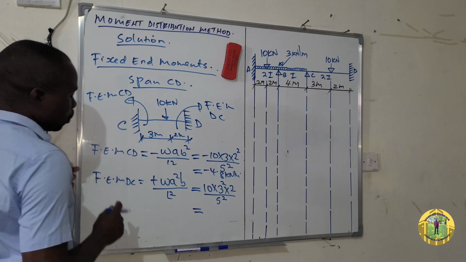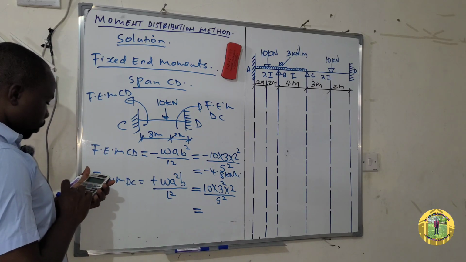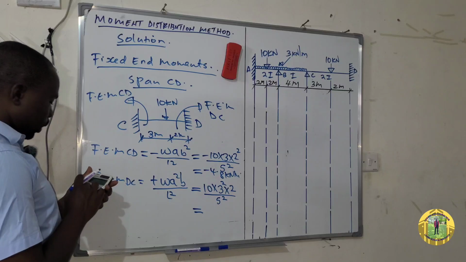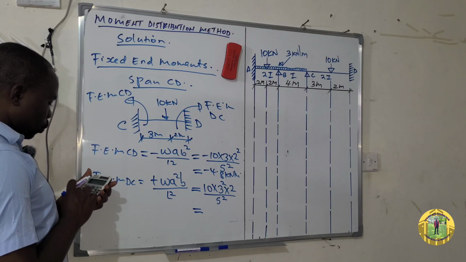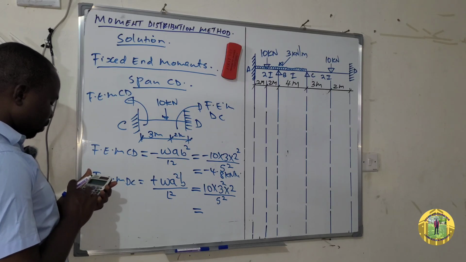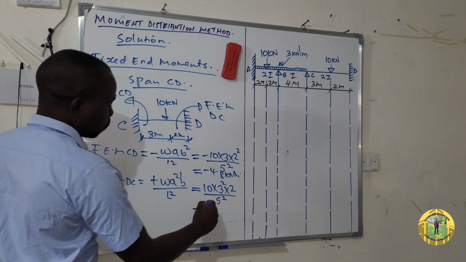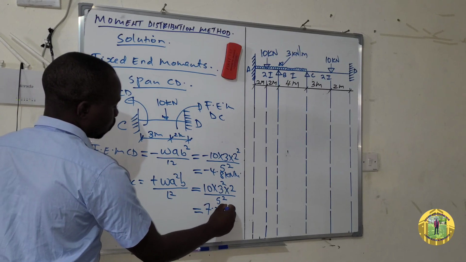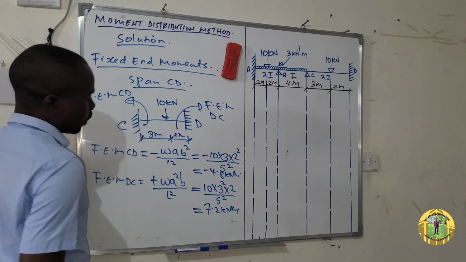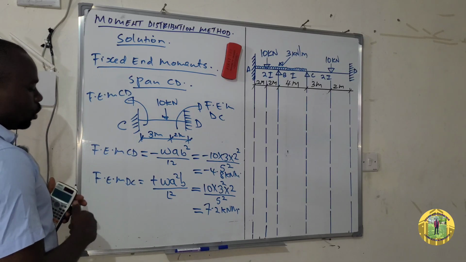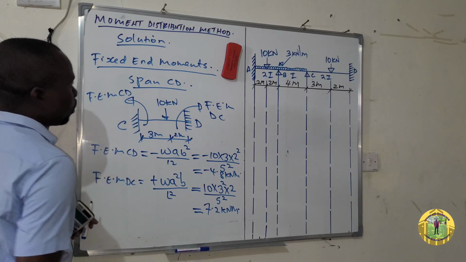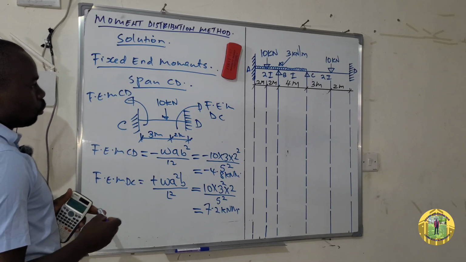So it's 7.2 kilonewton meter. So we are done with fixed end moments.